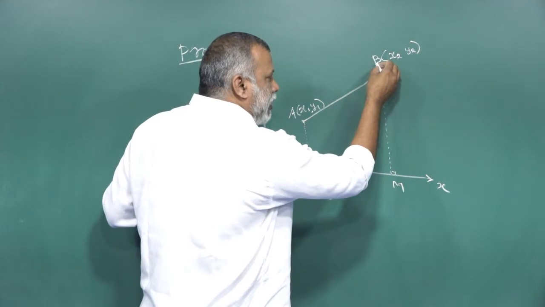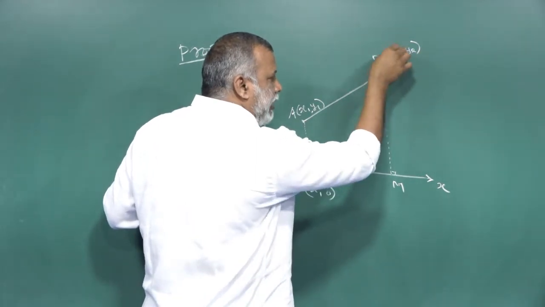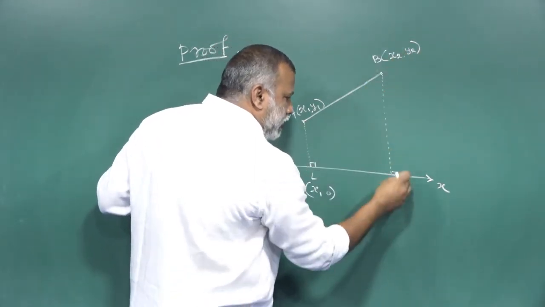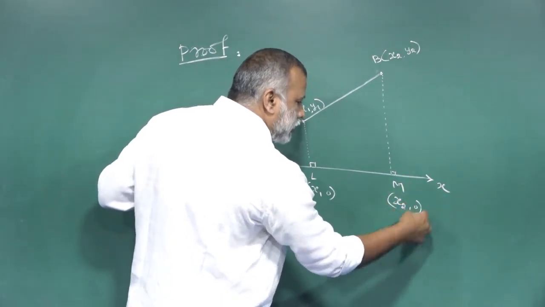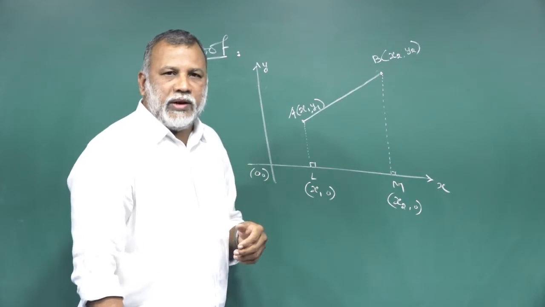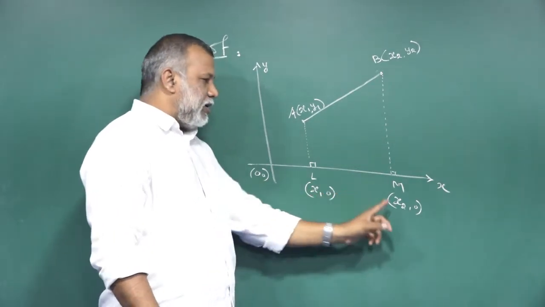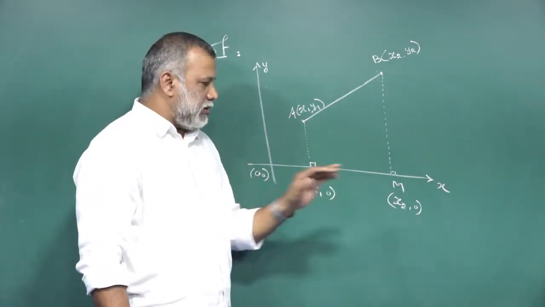In the same way, B of x2 comma y2 is any point in this plane, and on the x-axis it is considered to be x2 comma 0. So this is x1 comma 0 and x2 comma 0.